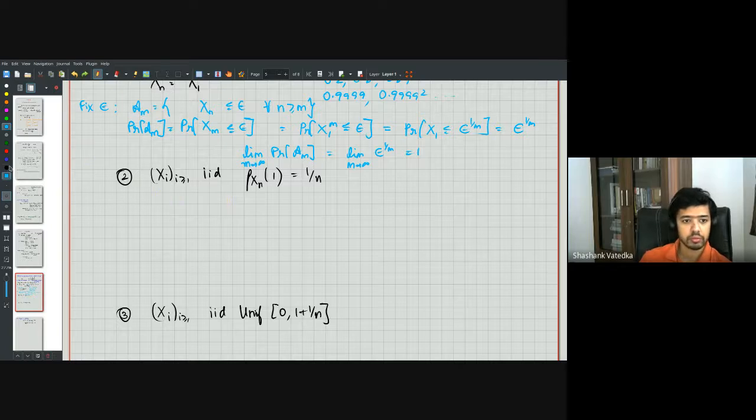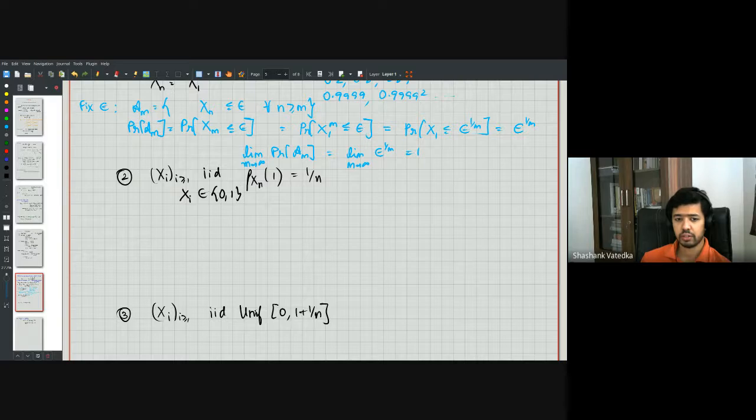So each xi takes values either 0 or 1, and the probability that xn is equal to 1 is 1 over n. So in this case, again, we want to know whether this sequence converges almost surely or not.